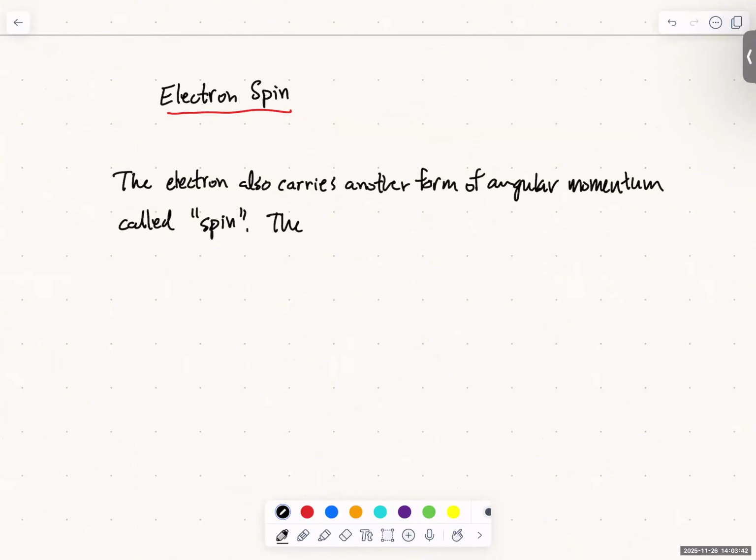As far as we know, the electron is a fundamental particle, a structureless point.